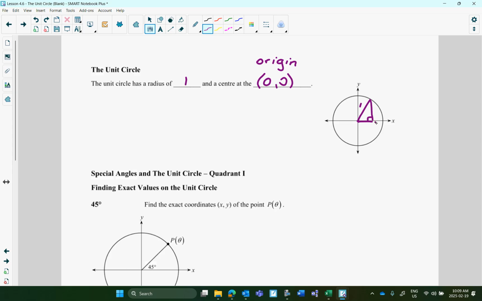And remember this value here, here's a coordinate, x comma y. Whatever this point is, this will be this length, and this will be this length.